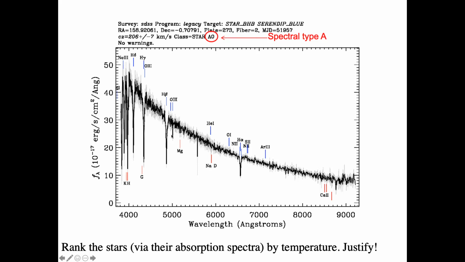This must be a spectral type A star. And that's what astronomers are able to do, is look at these graphs of wavelength versus frequency, or intensity, I should say, not frequency, but intensity, and be able to determine what is the temperature of a distant star.